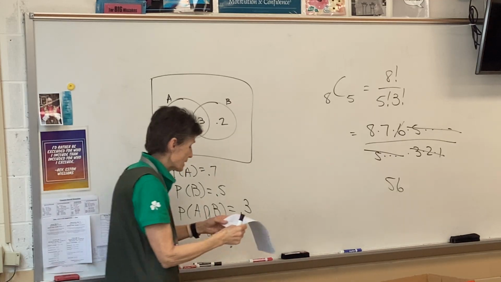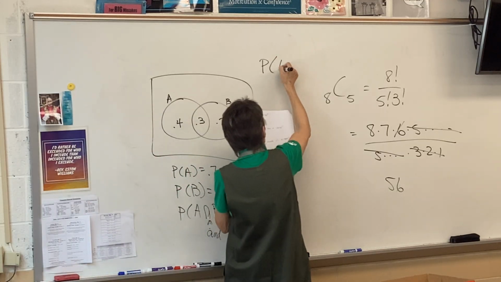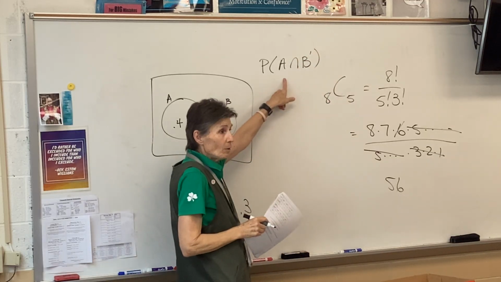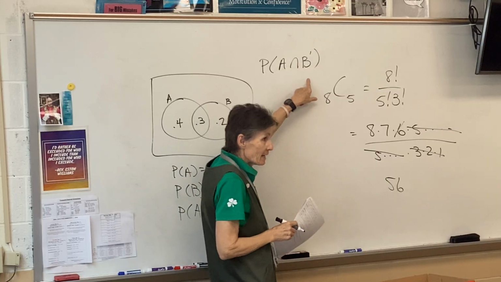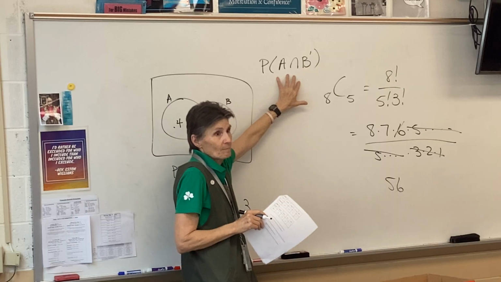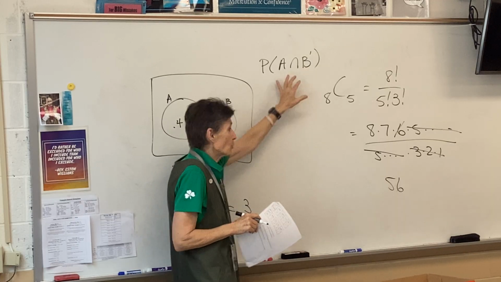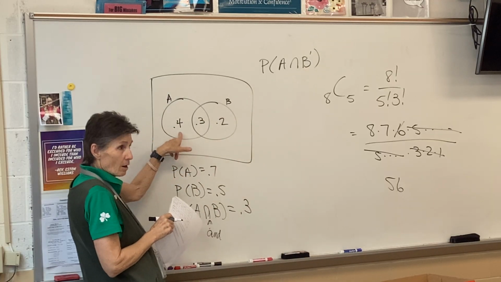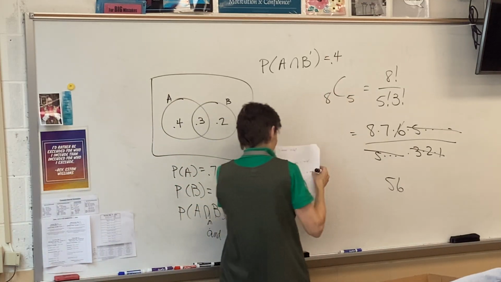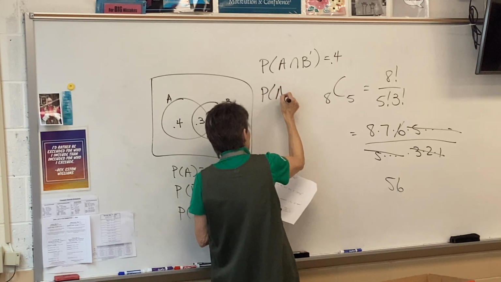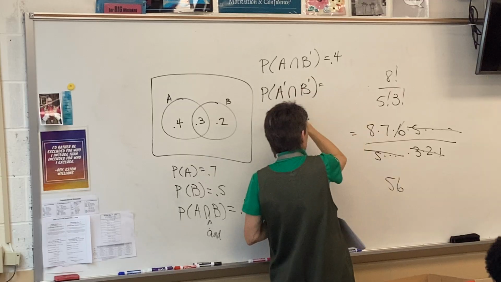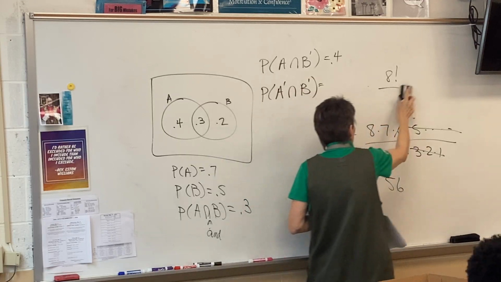So the question says, what's the probability we like apples and not bananas? So in other words, isn't this only apples? I only like apples. So the only like apples people are right here. This one says, I don't like apples and I don't like bananas.